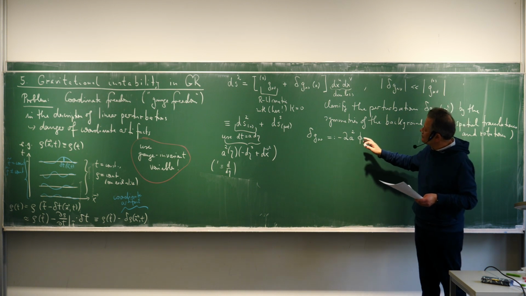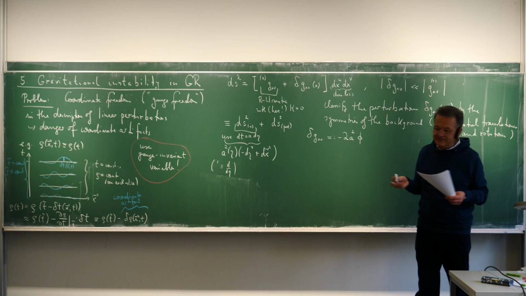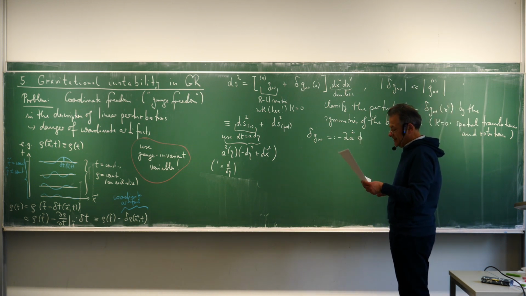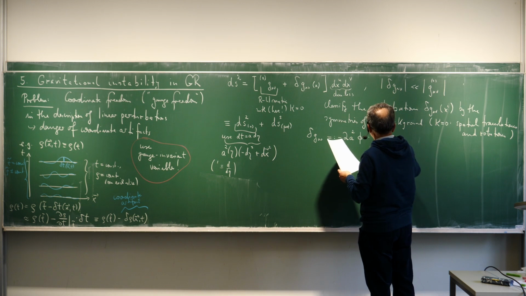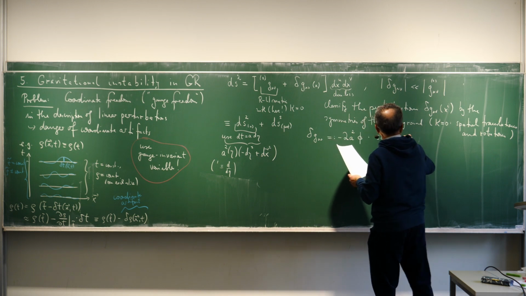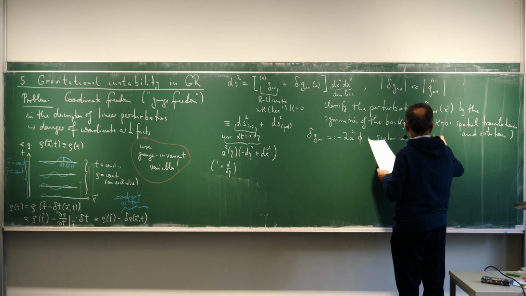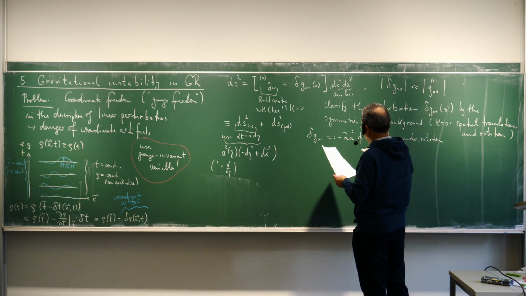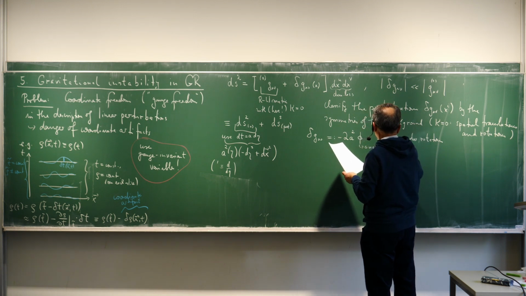I'm not sure that every author has a minus 2 here, but certainly a squared phi. So that's a scalar under rotations, a three-dimensional scalar, analogous to the Newtonian potential.